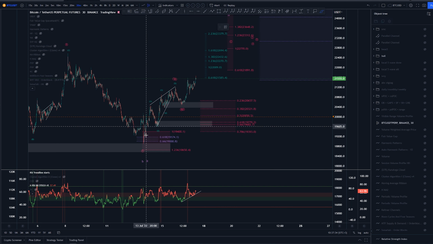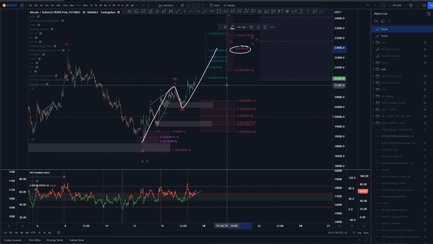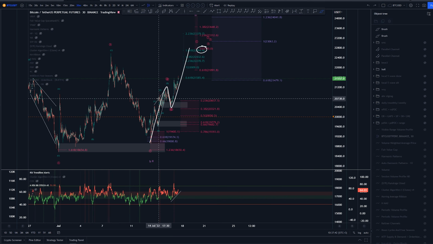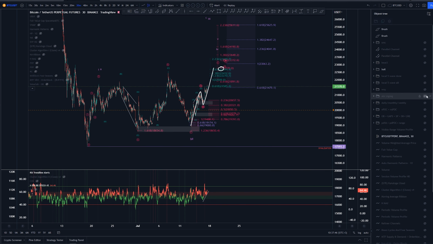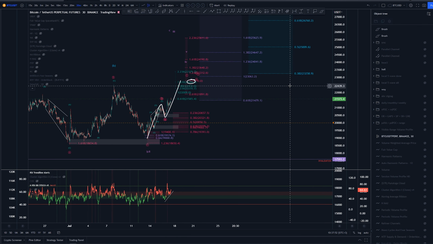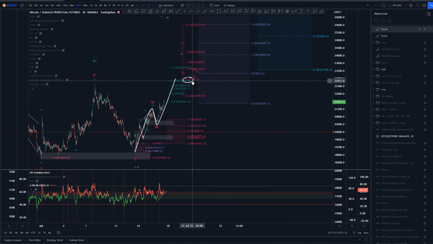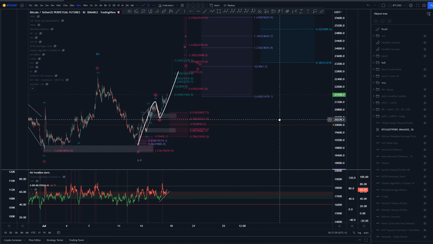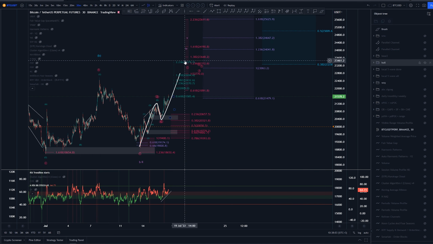The 1-to-1 extension of this move is all the way up here at 22.77k, which would take out the previous highs. At this point again, we would be looking at some targets of the 23.23k around there, and this 1-to-1 wouldn't hit that either, so we would need some kind of extension here.